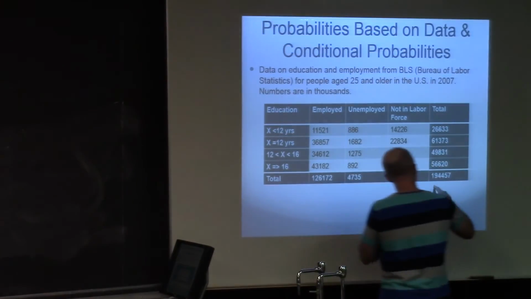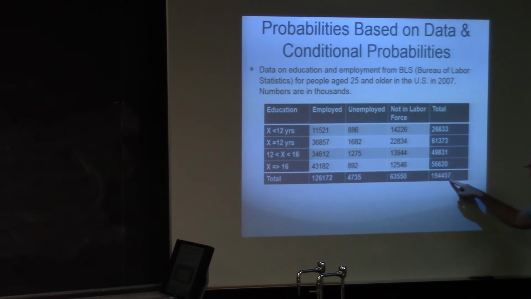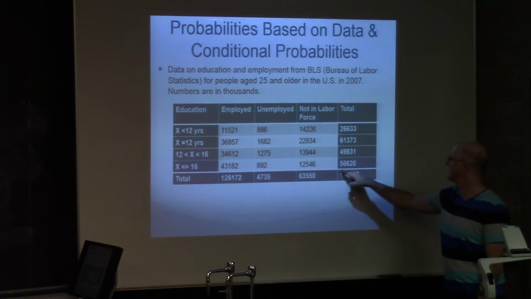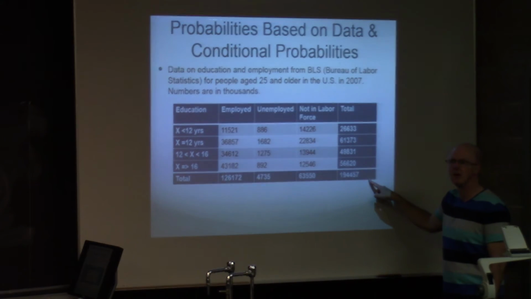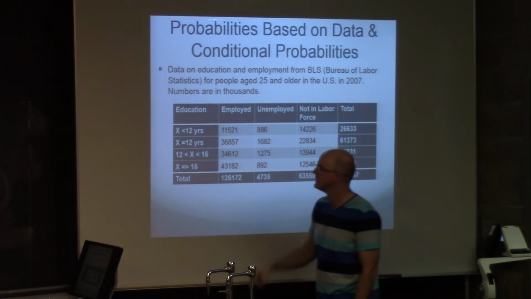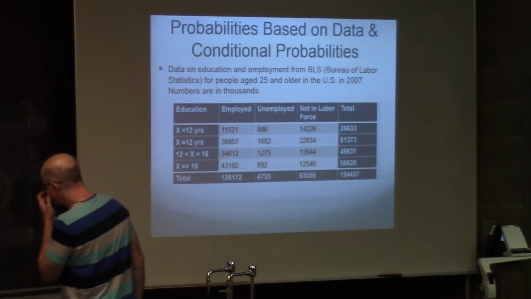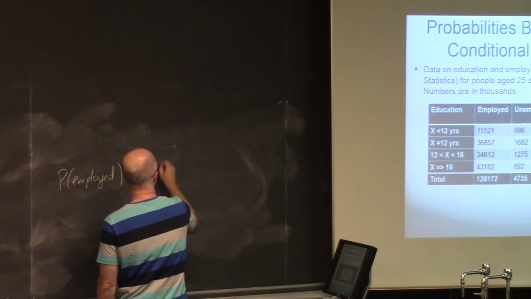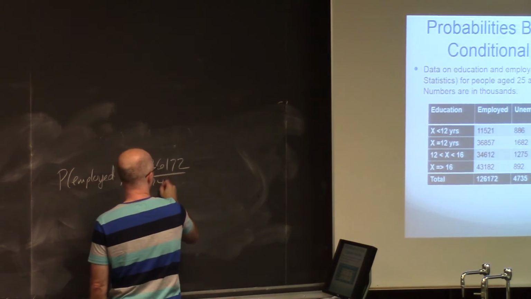This final total down there, 194,457, which is really 194 million, represented essentially the whole population. What fraction of those people were employed? It was this. So I did that ratio. It's data-based here. It's not theoretical. 126,172 divided by 194,457.